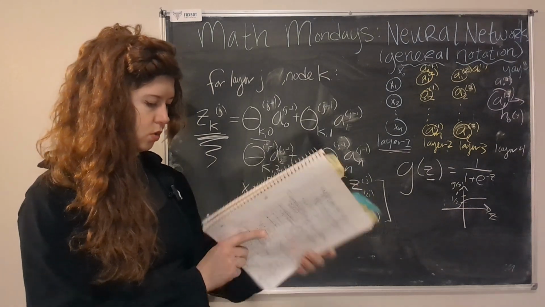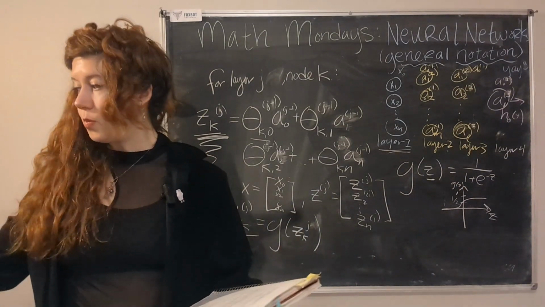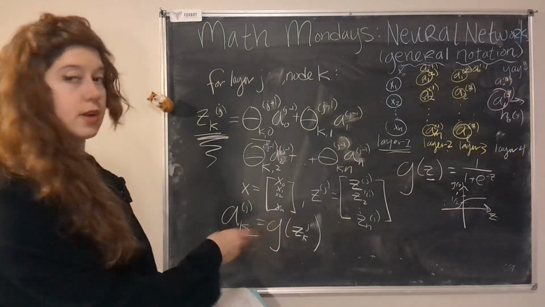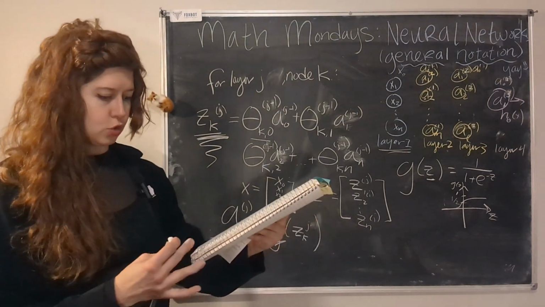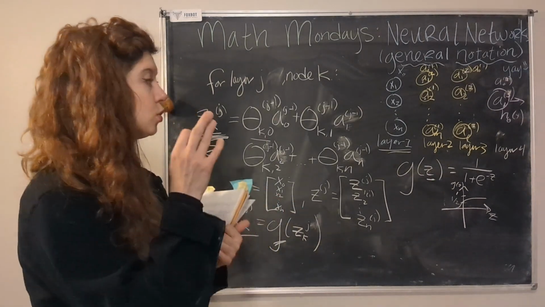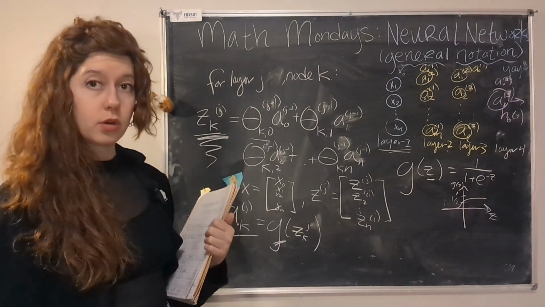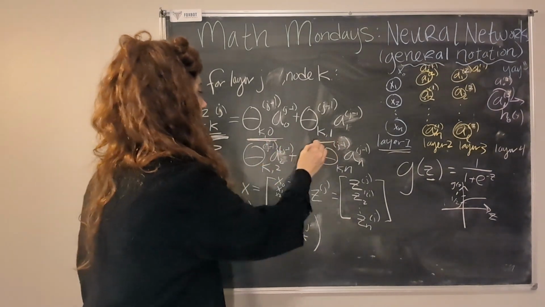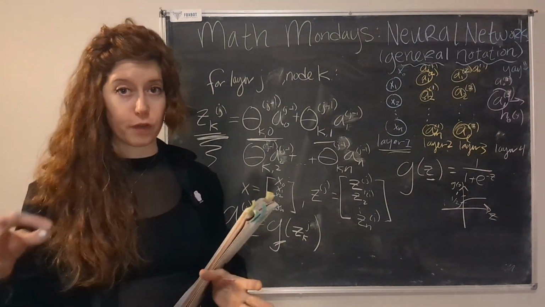Okay, so what is the last thing that we want to talk about? Our sigmoid function is applied element-wise to vector z, which basically means, like we did in the AND example, you sum up all of the parameters for that particular node, and then you calculate the sigmoid function for that sum.